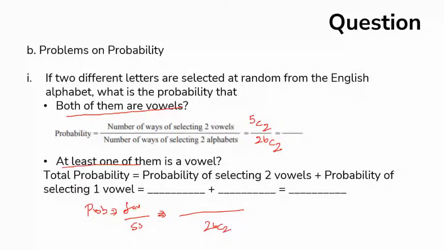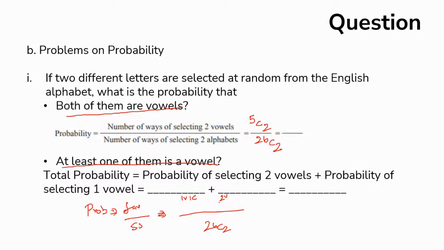What is at least one? The minimum possibility is one vowel. So one can be a vowel and the other a consonant, or else both of them can be vowels.